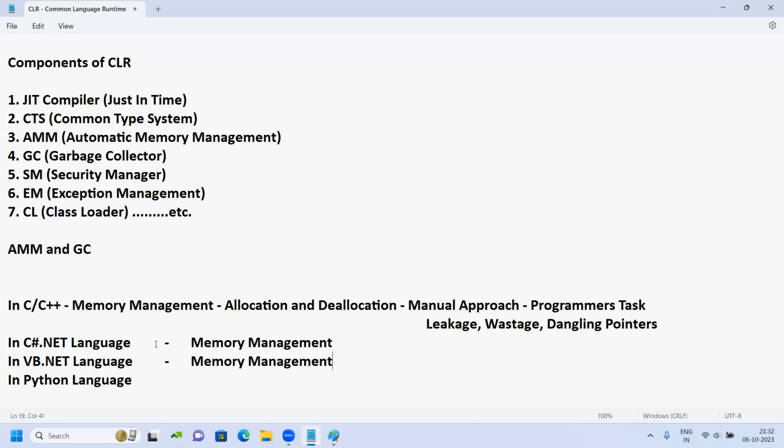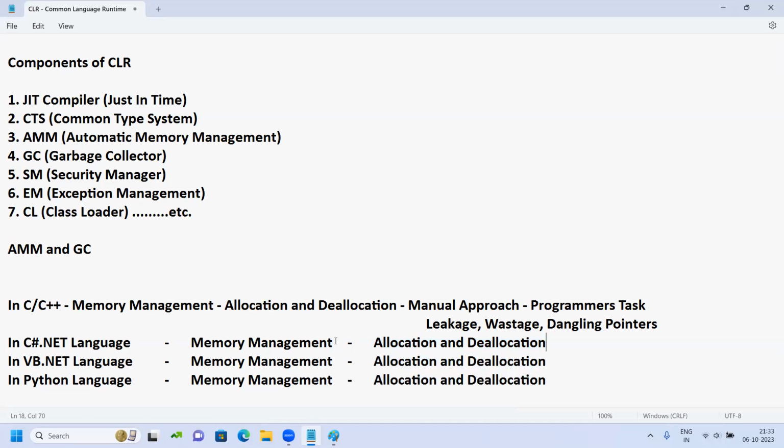In all the cases, memory management, you want to have allocation, deallocation? Yes. These advanced programming languages are saying, programmer, your involvement is not needed. All are automatic. Memory allocation plus memory deallocation, both. What is it? Automatic.